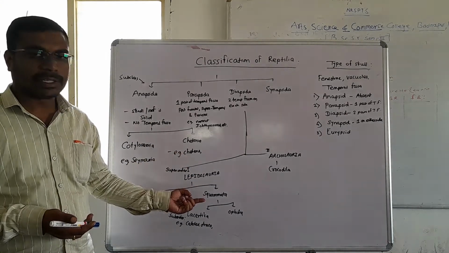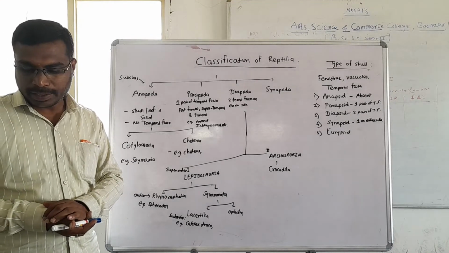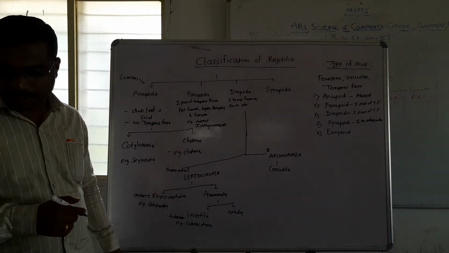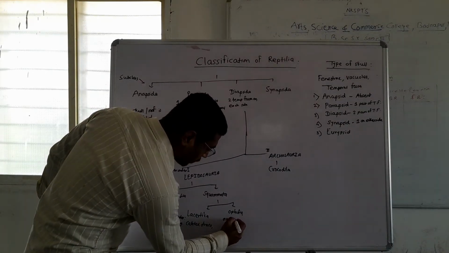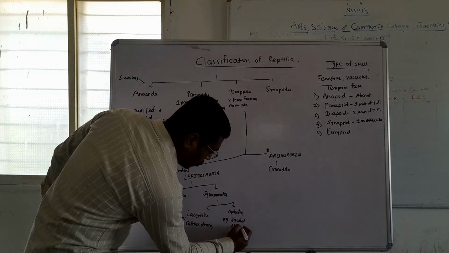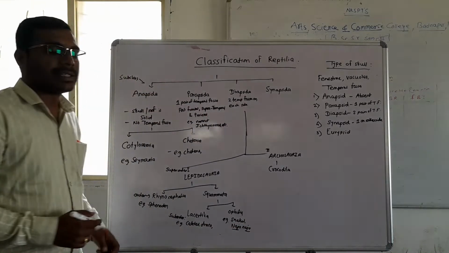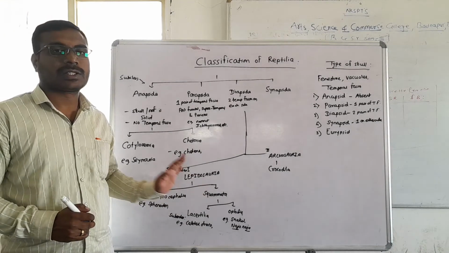We are familiar with the tongue of snakes, which is bifid. Examples are python, then naja, etc. Snakes like cobra, naja, etc. are included in suborder Ophidia and order Squamata.